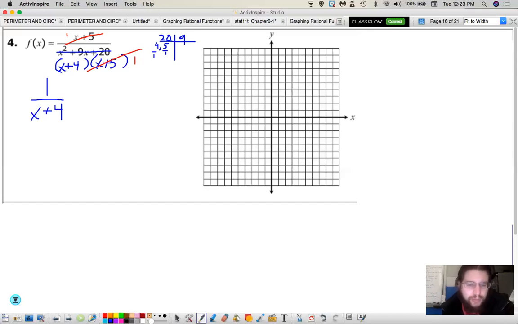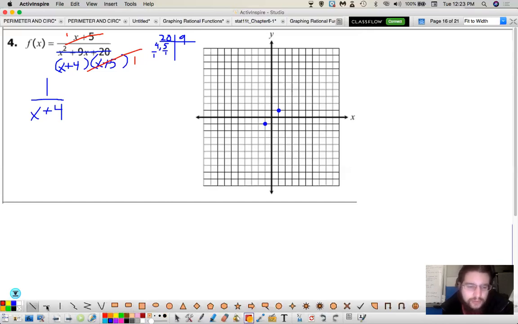So I'm going to plot some points. The basic points are 1, 1, and -1, -1. And my asymptotes are at my axes. They are my axes. Let's go with that.